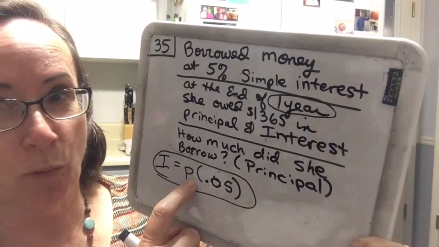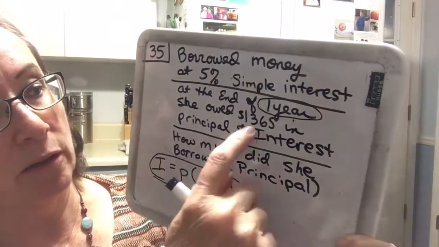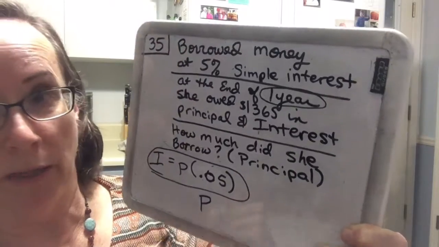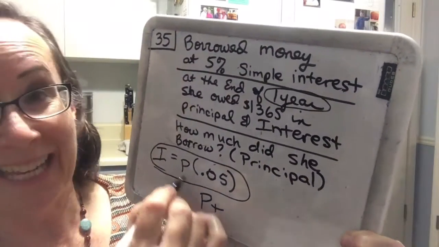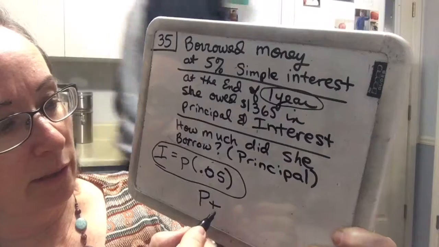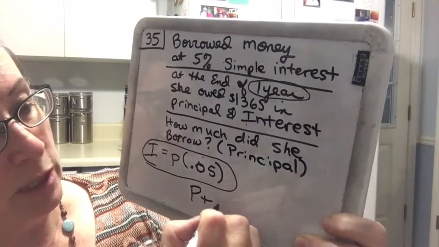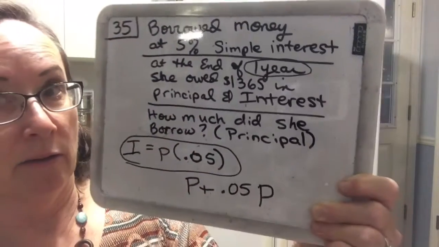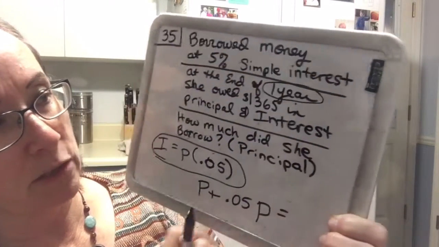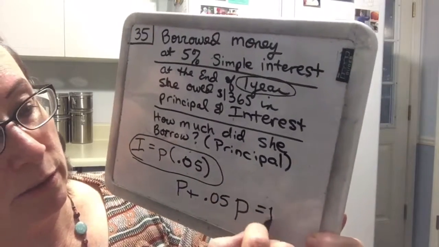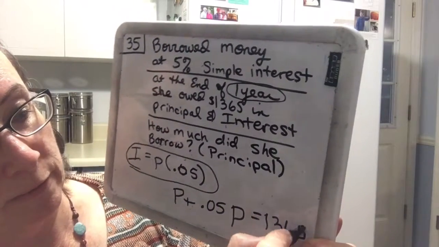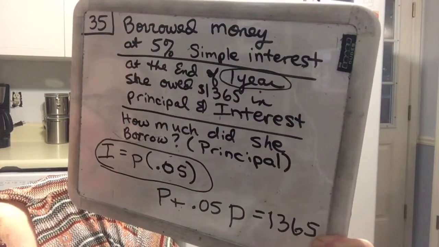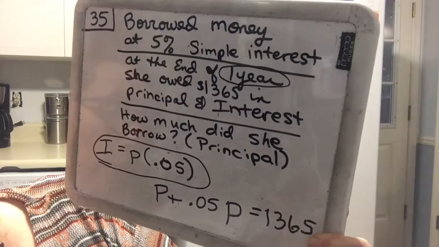And so at the end of the 1 year, she owed $1,365, which included the principal that she borrowed plus the interest that she owed. I think it was her grandfather or something here. She owes 0.05p for interest, and altogether the two of them add to $1,365.